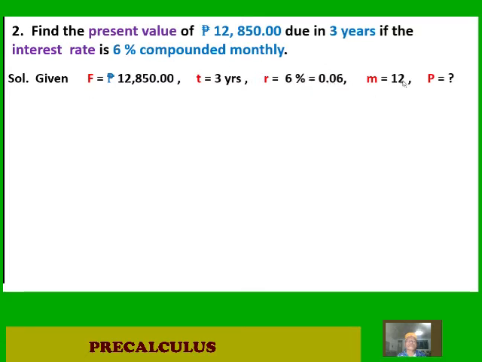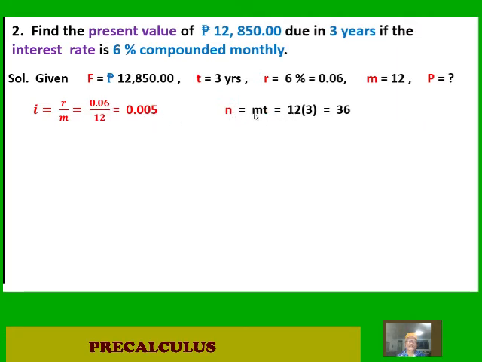Compounded monthly, so M is 12. I is equal to R over M, the nominal rate over the number of conversion periods per year. It is monthly, so 12. So 0.06 divided by 12 is 0.005.